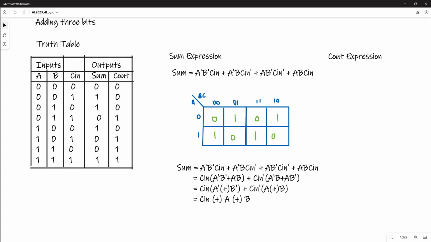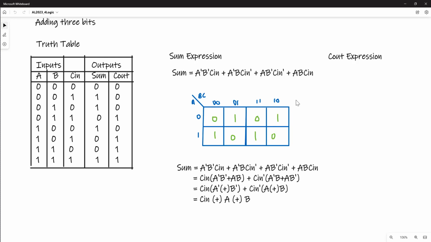So now we need to write down the carry out expression. We need to write the carry out here.